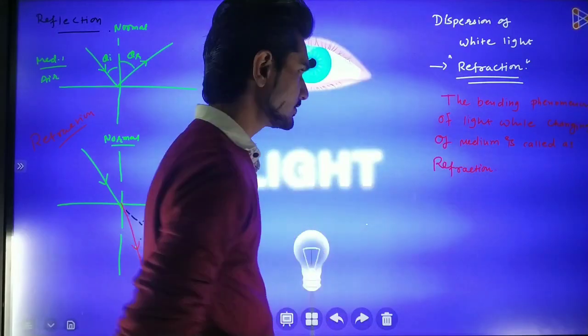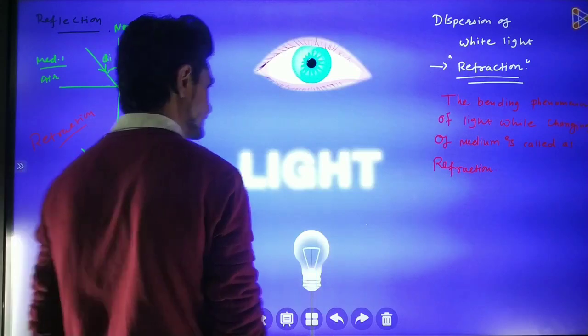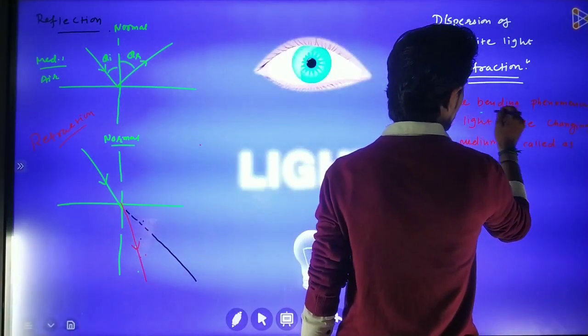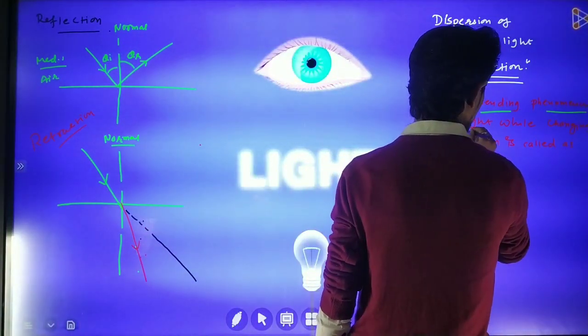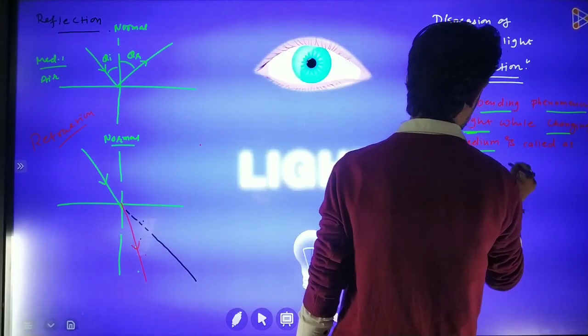That is very easy now. You can all understand it now. Another thing, the bending phenomenon of light on changing the medium is called refraction.